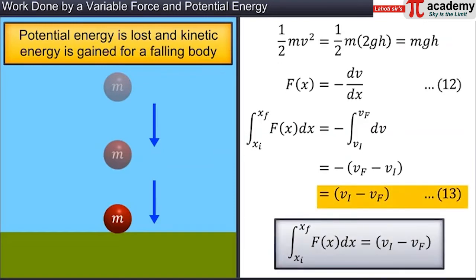From equation 13, we can see that the work done on a body by the force depends on the initial and final positions only, and not on the path followed by the body. Such a force is called a conservative force.